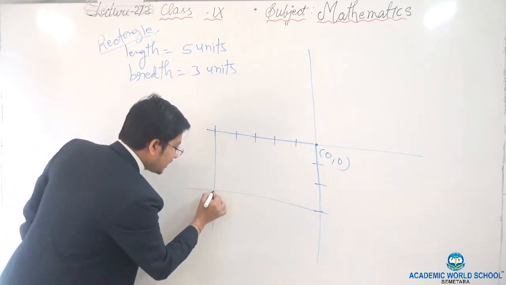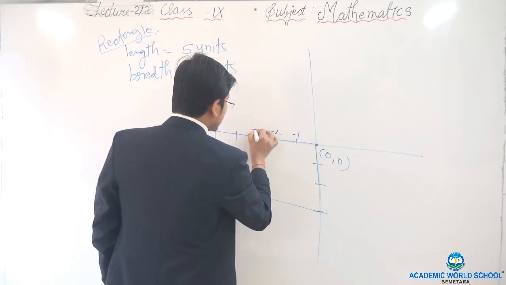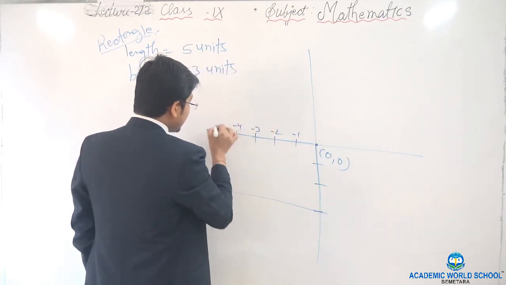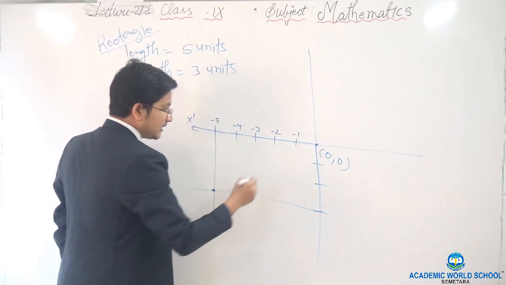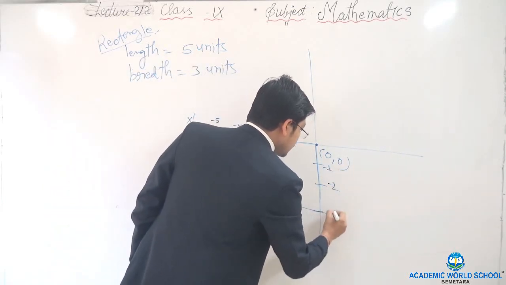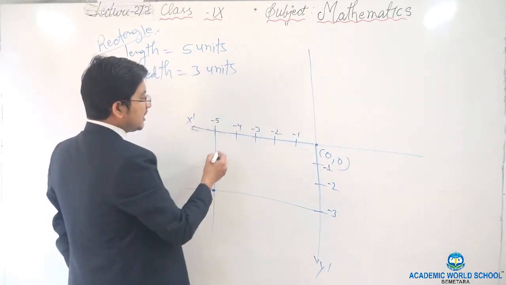So what will be the coordinate of this point? The coordinate of this point will be... this is -1, -2, -3, -4, -5. Okay, X dash. And this is -1, -2, -3. This is Y dash. So this is a rectangle.